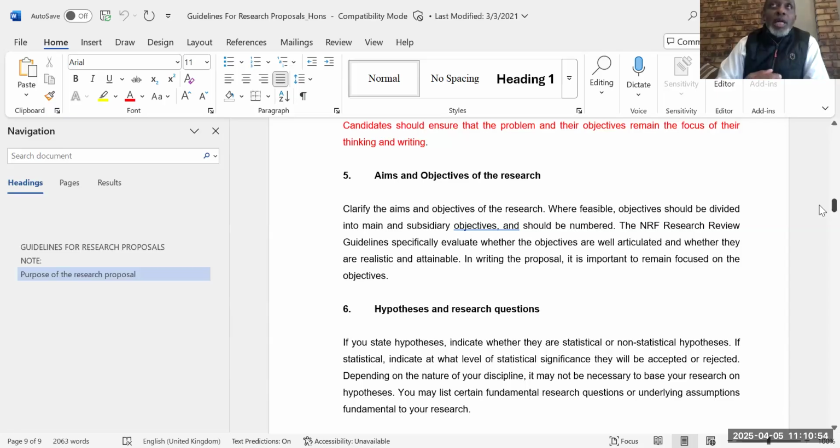More often than not, I would normally advise our students that the number of key questions should be less than your objectives, because you could tie one question to 2 objectives, and you don't want to have too many key questions. I normally advise my students to have 3 or 4 key questions.